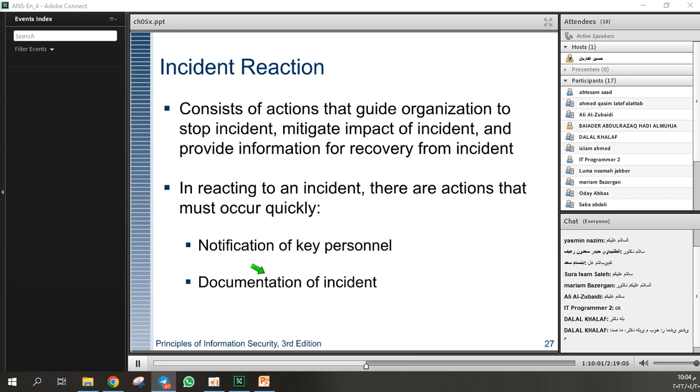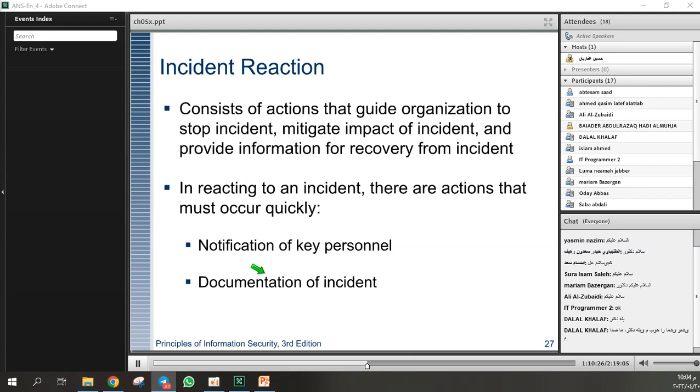Why should I document the incident? During the first slides of this session, I said that I need to schedule some reviews and revise the policy and security documents.